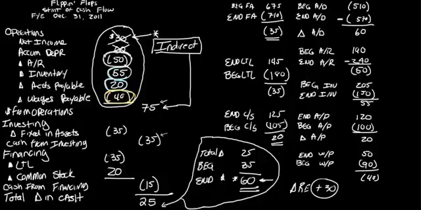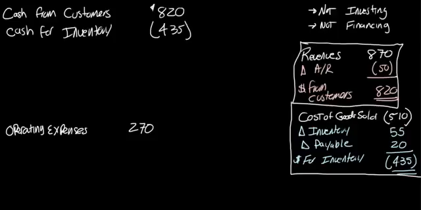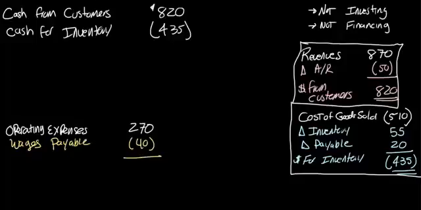So we're going to take this negative 40 and include it here. I should have put brackets around operating expense because it's an expense and it should be negative. So my total here should be a negative 310, cash paid for operating expenses.